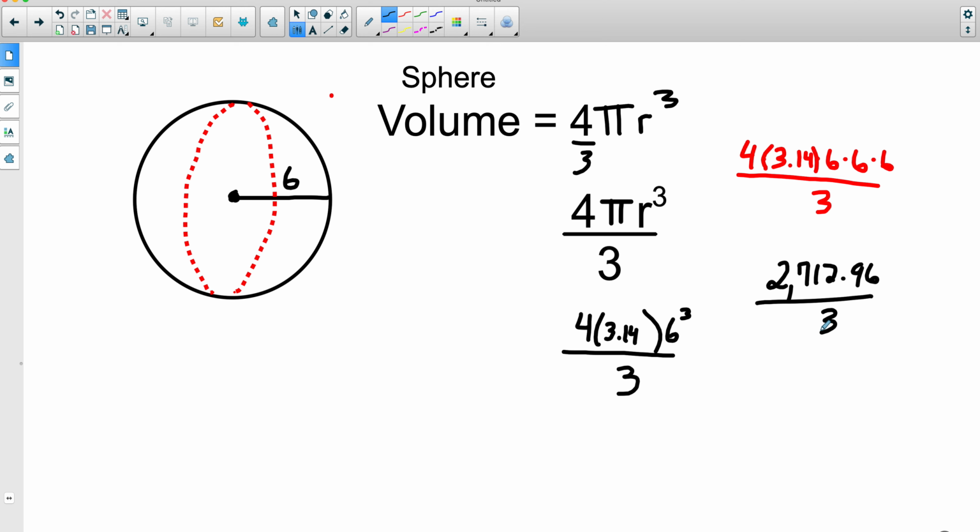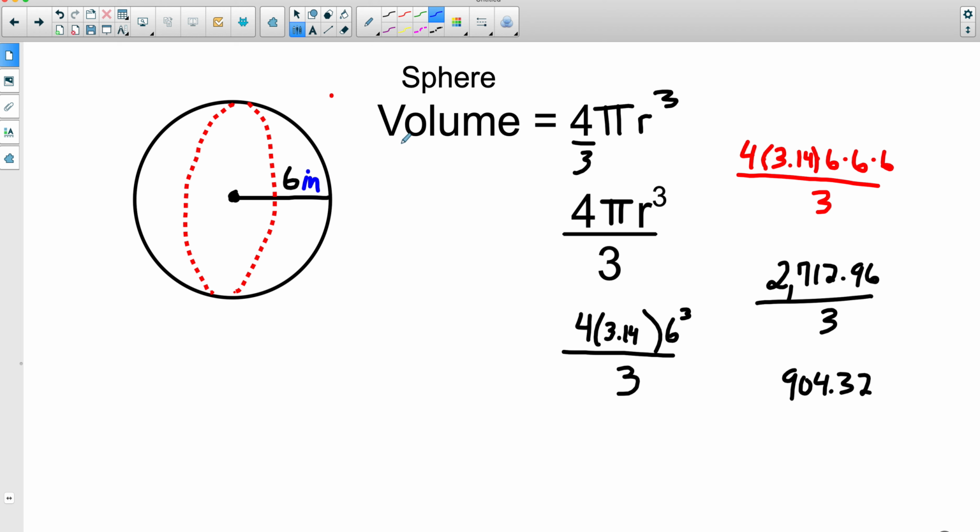When you divide that by 3, you end up with 904.32.